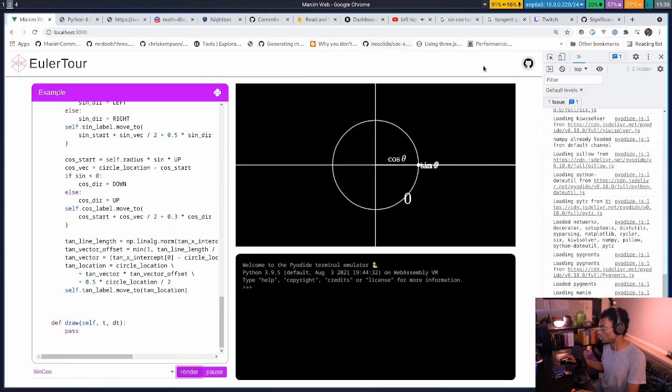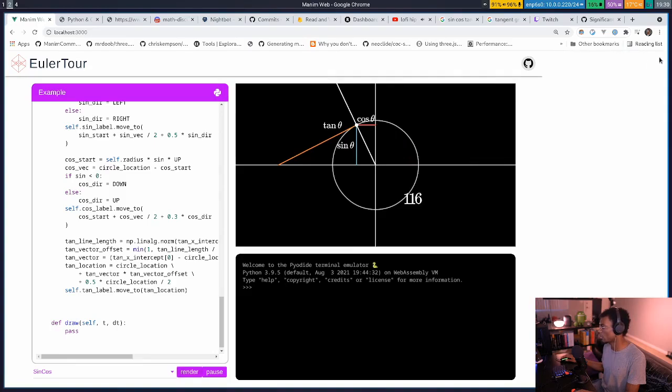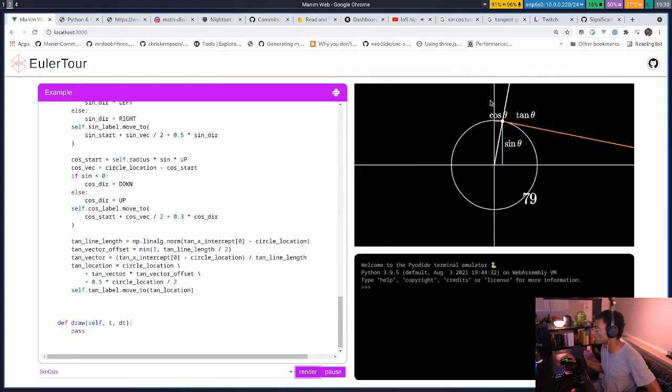Now run it. Great, I think this is working on all the quadrants. And it is covering sine, but it's not covering it terribly badly.